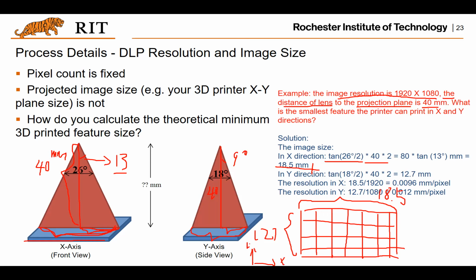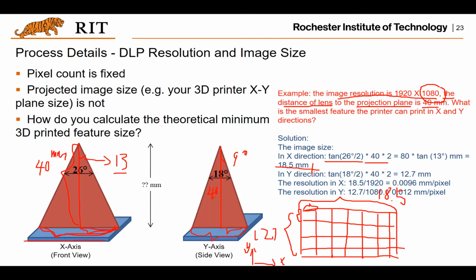Let's see, this is x, this is y. You already know that along the x-axis there are 1920 pixels, and along y, it's 1080. Then what is the unit length of one pixel along x, and what is the length of the pixel along the y-axis?